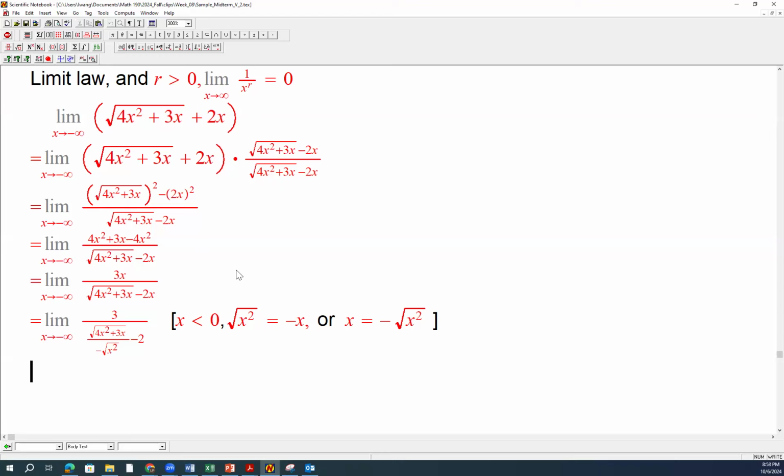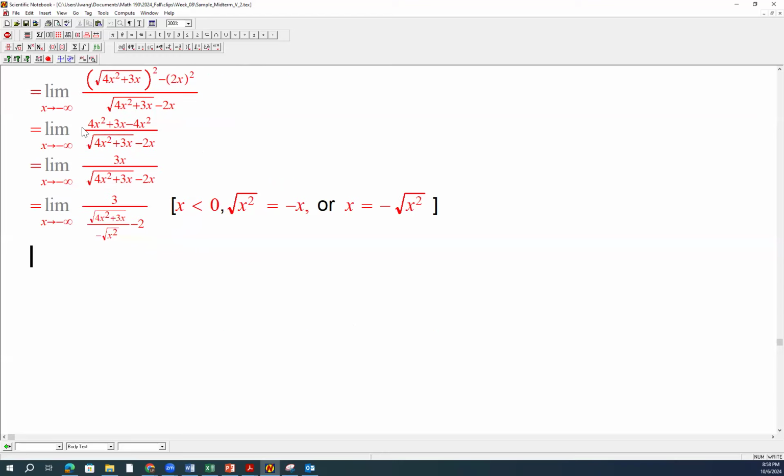Okay. And next, what do we do? We get a negative sign here, so let's move it to the front. And we can put these under the same square root.